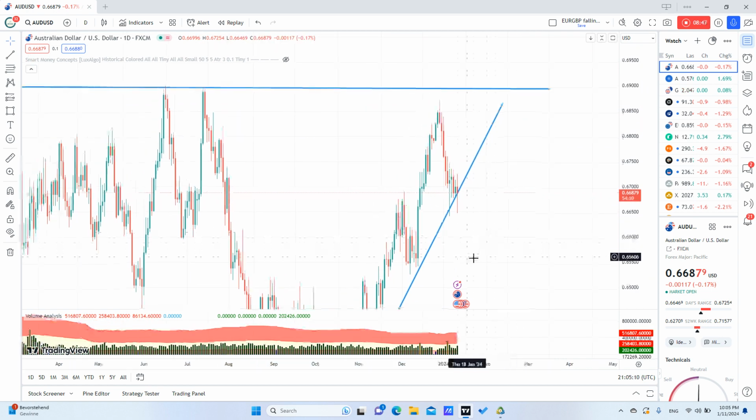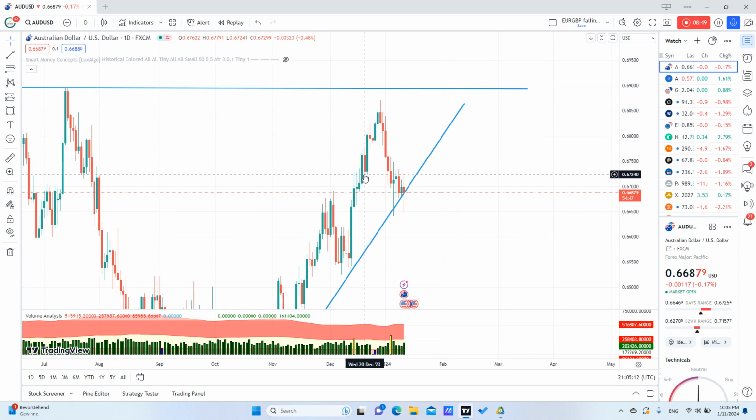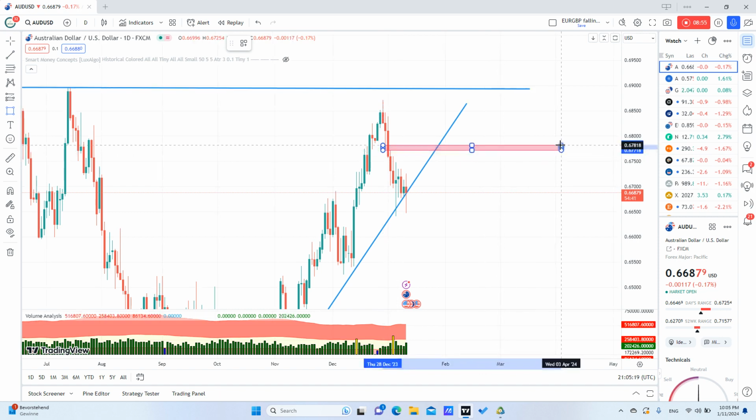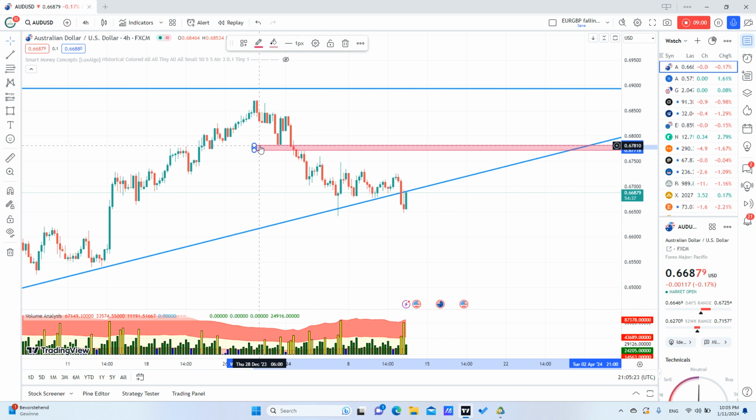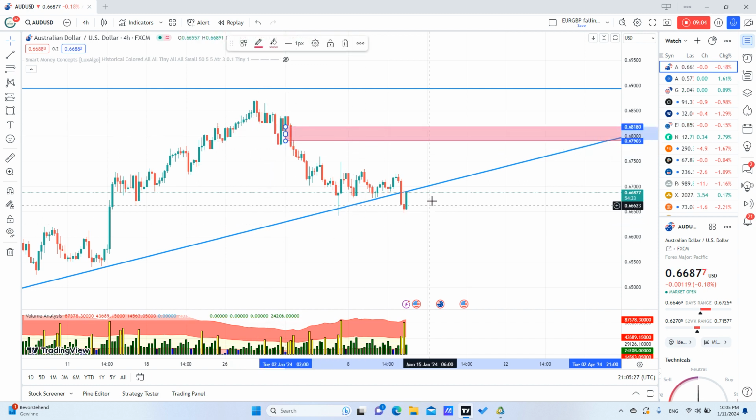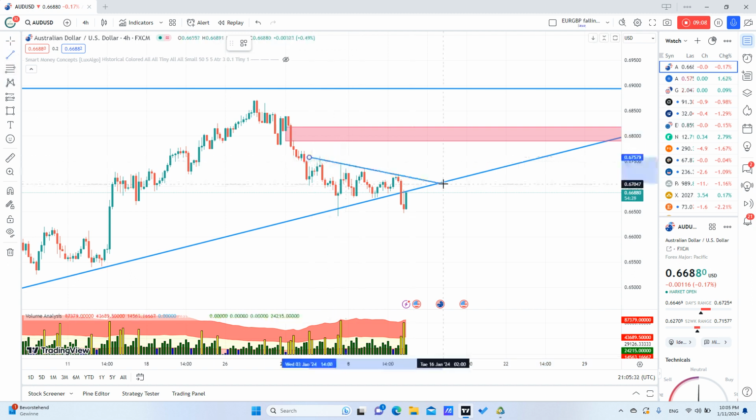But as I said before, we have also seen some weakness here, and we have a gap here. And also on lower time frames, this is a very big fair value gap that I think price may fill and then continue downwards.